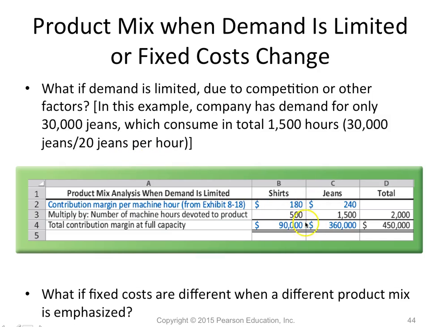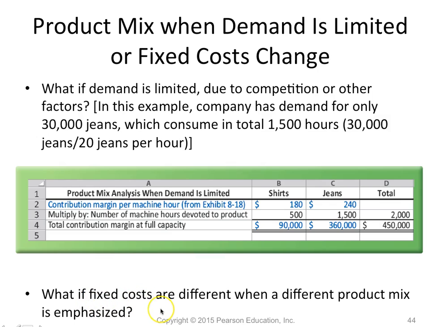So these are basically what we can do in the consideration. You have a number of machine hours devoted to each product: 500 hours to the shirt, 1,500 to the jeans. So these are the contribution margins for the full capacity you can make. So this is one of the product mixes here.